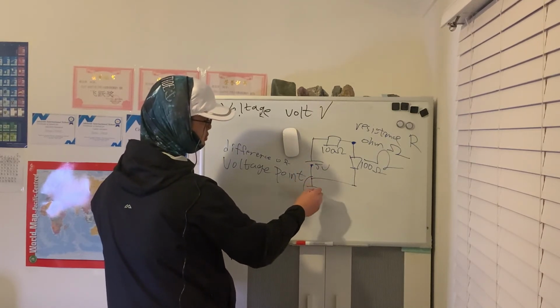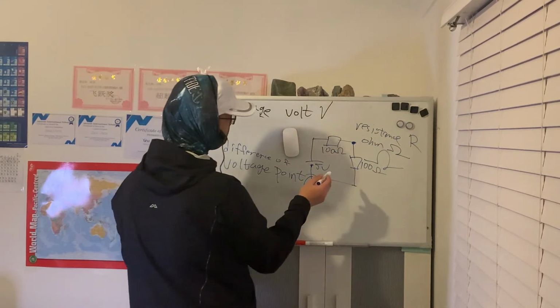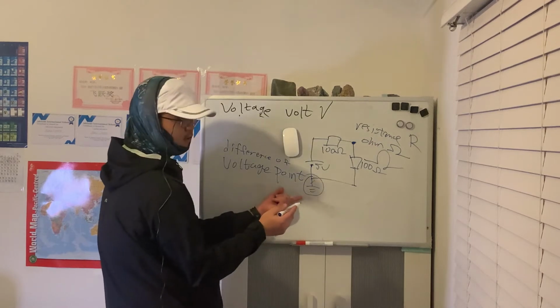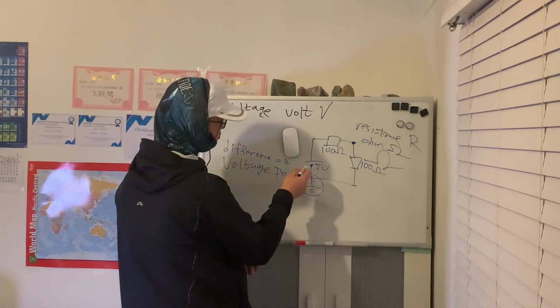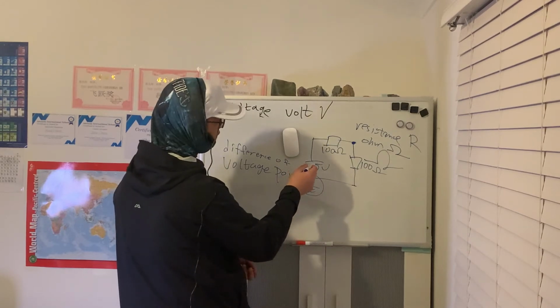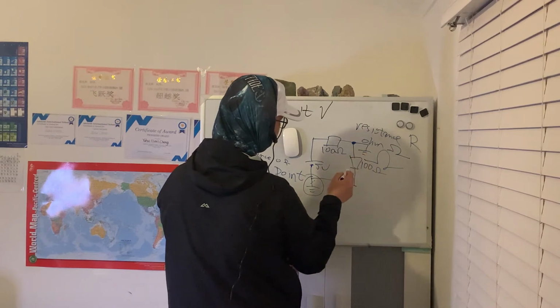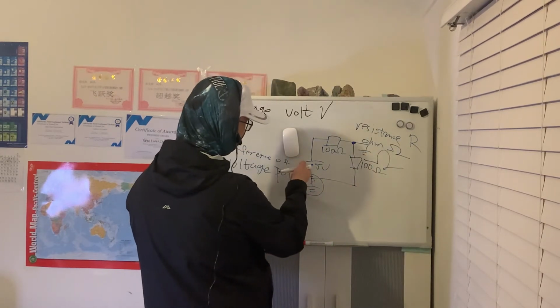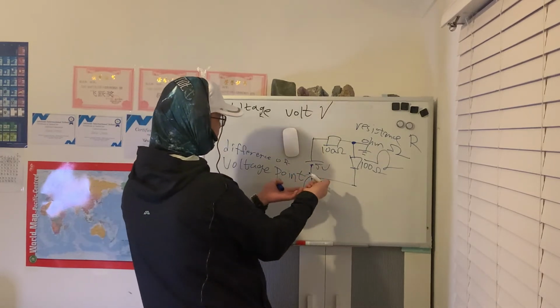That's what normal people do. If you're pretty weird and you think, I'm not going to ground the negative end, I'm going to ground these, that means the negative end is now not 0 volts.